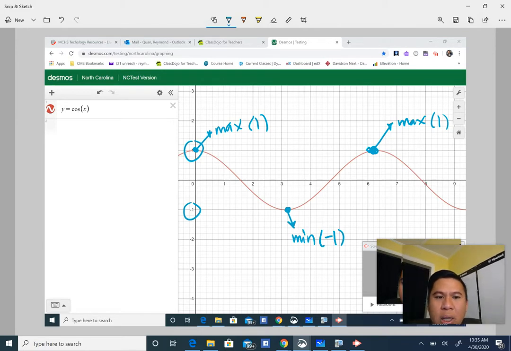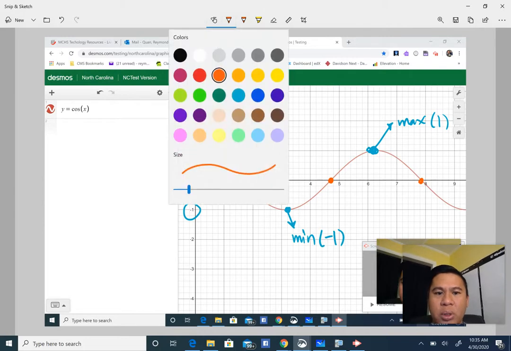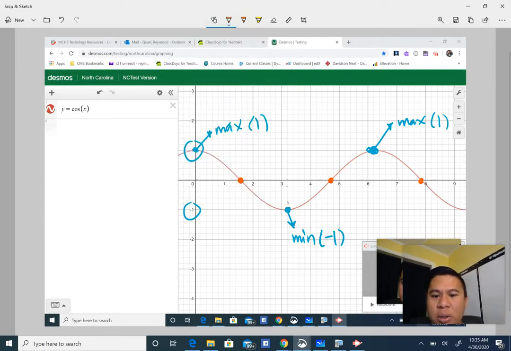Also, we can see the intercepts, or the y-intercepts, and the graph passes through the following points. In radians, we can see that the minimum is at approximately 3.14, or pi, and then the maximum is at approximately 6.28, which is 2 pi.